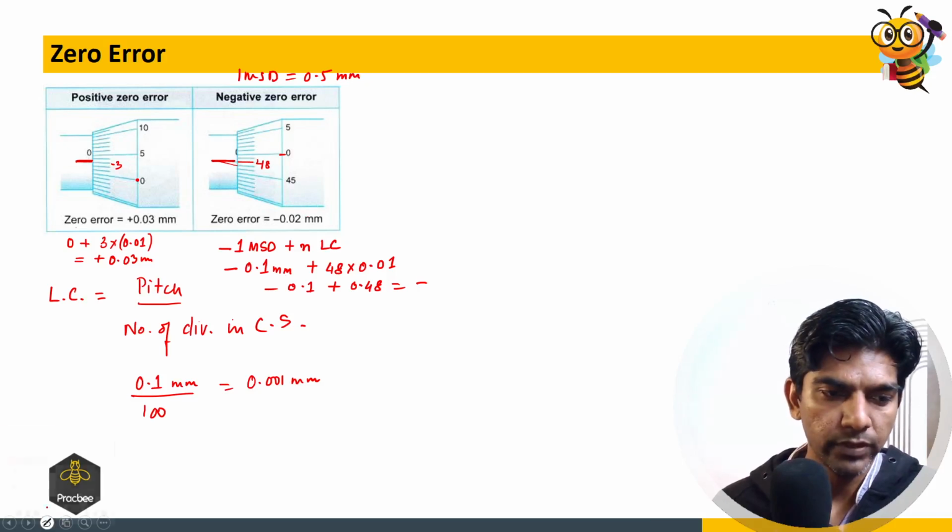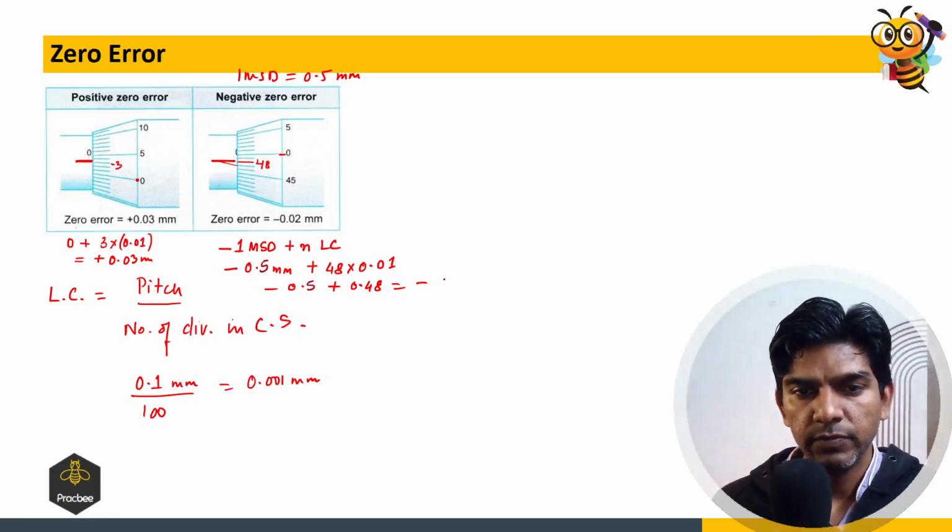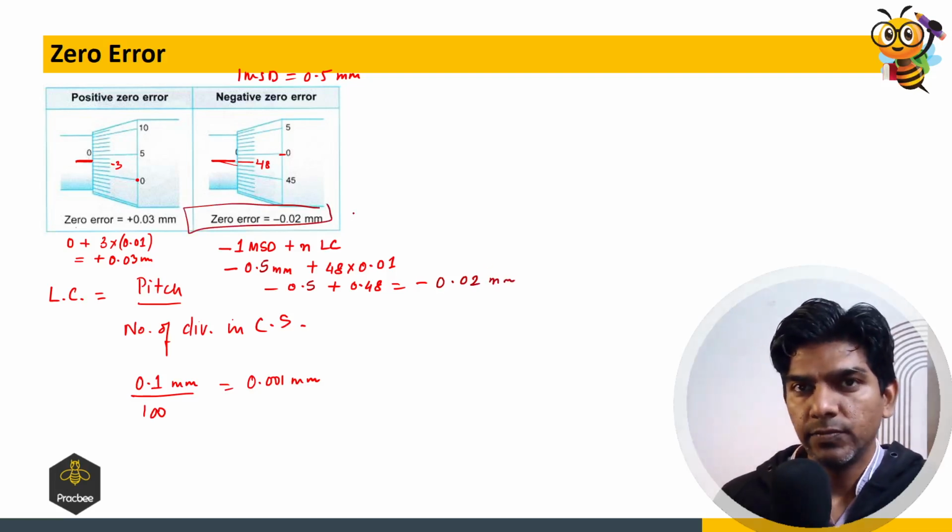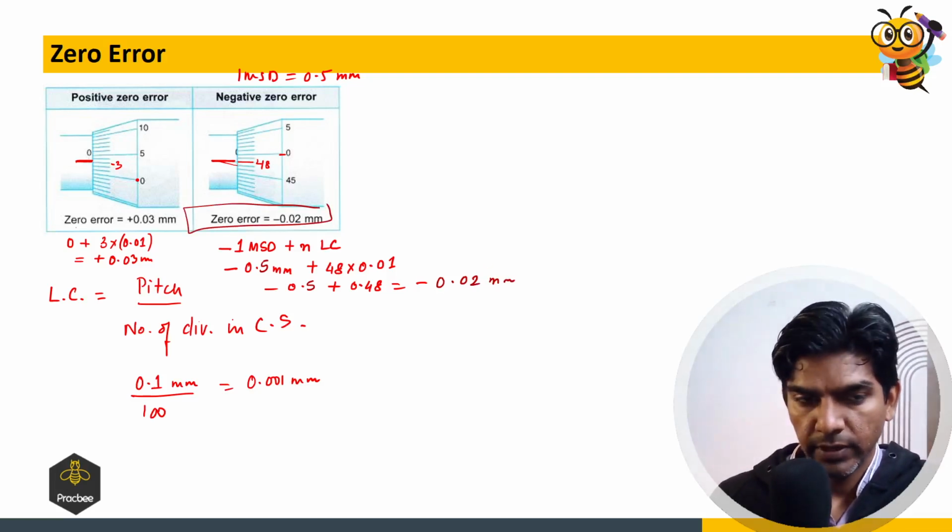So it will be minus 0.5 plus 48 times 0.01, which is 0.48. So this will give us minus 0.02 millimeters. Got it? So like this we can measure the zero error and the least count.